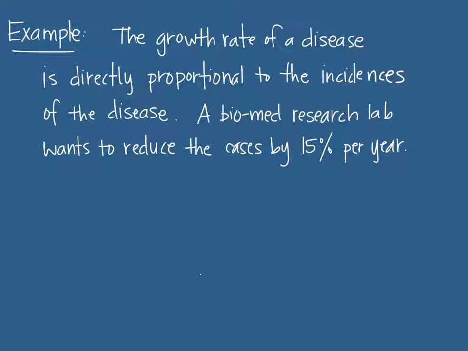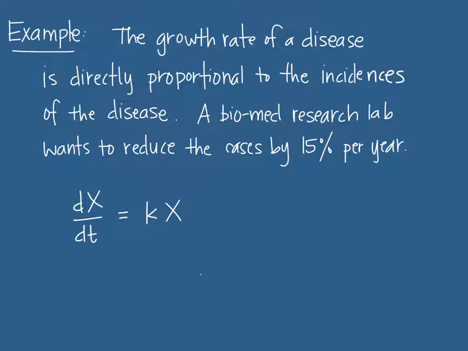We're going to set up the disease, we'll call it X, X for a bad disease. Okay, dx dt is equal to K times X. But this time, you actually know the K. Correct.